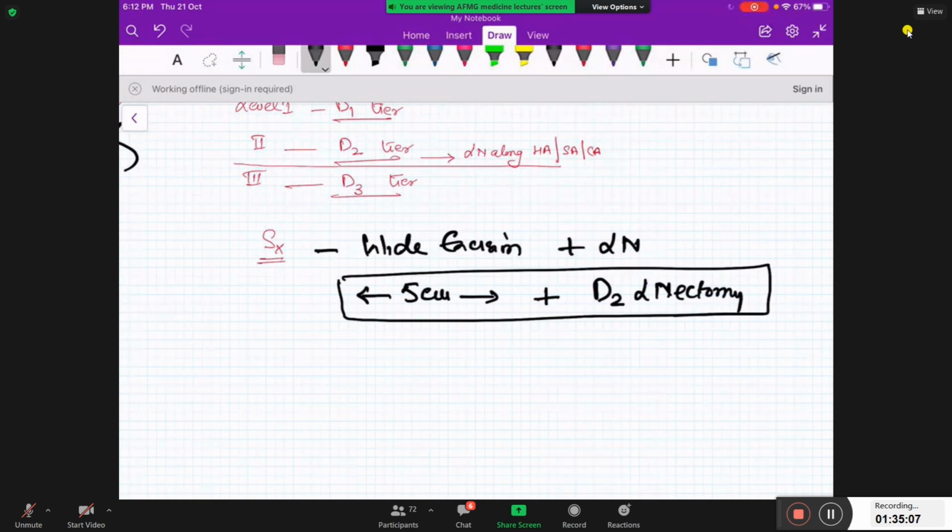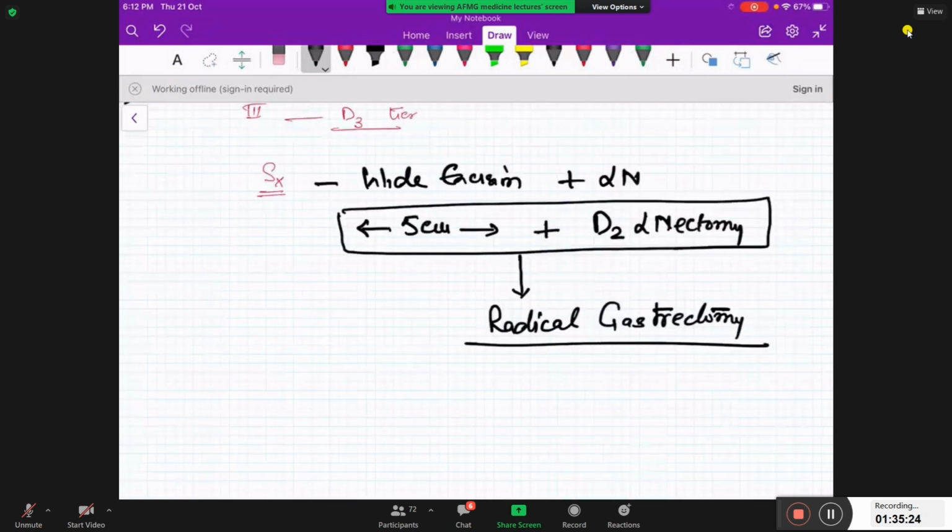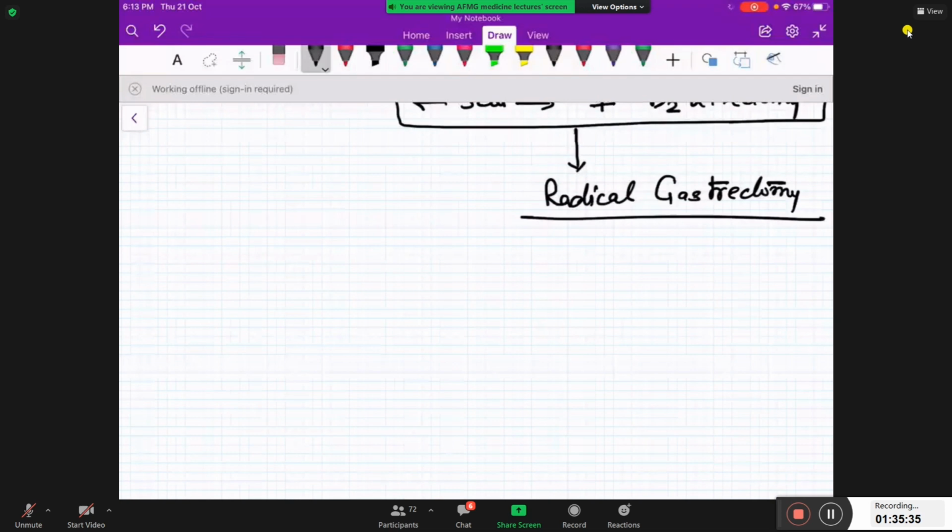Right? Now, this surgery is called radical gastrectomy. The name for this surgery will be radical gastrectomy. Now, please understand, because this question keeps coming in exam. When I was at your level, I never understood this.